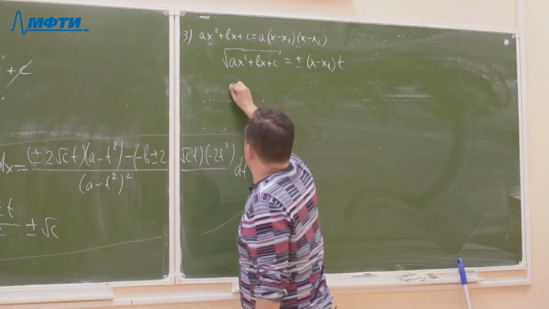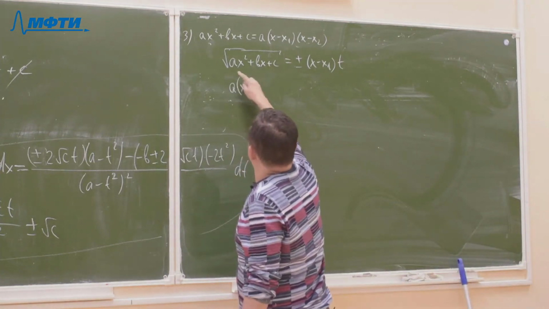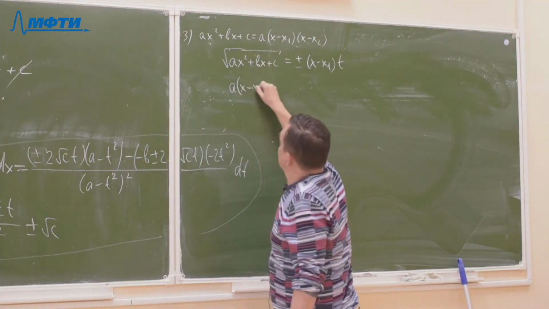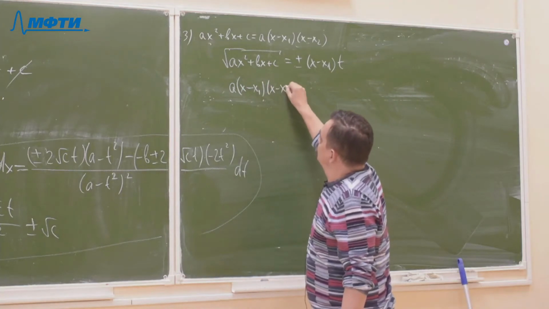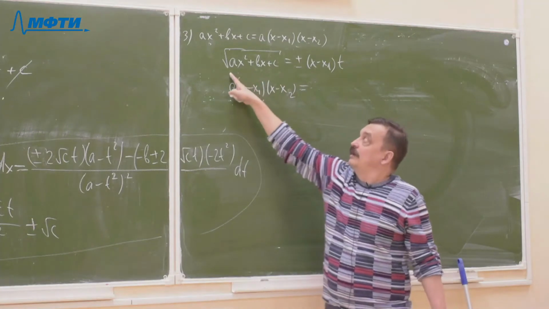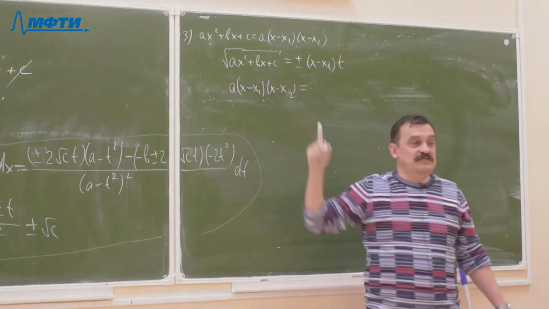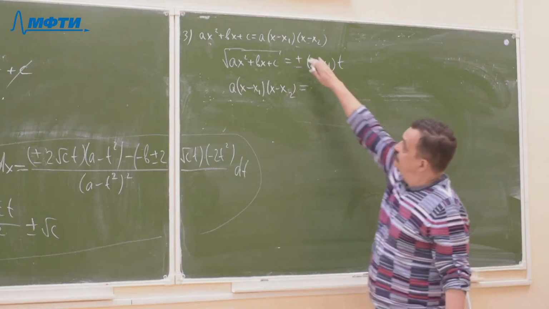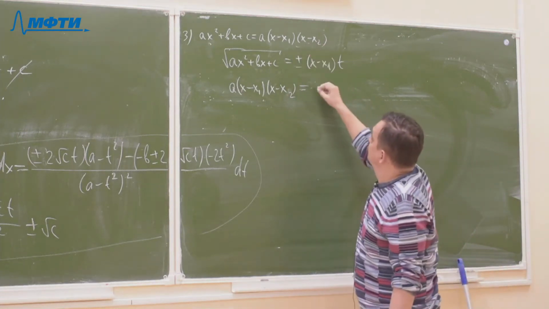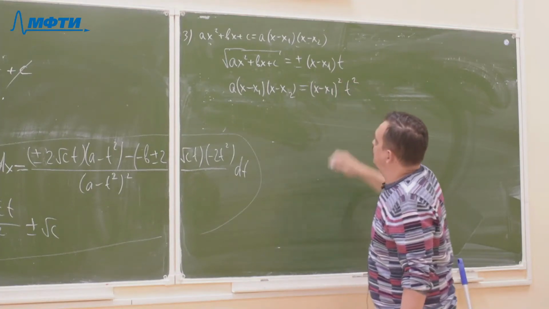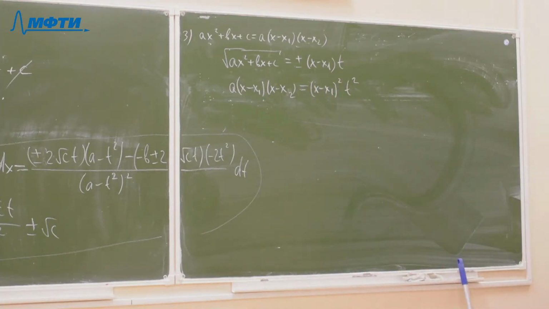So take the square, and remember, the expression is this one. So I want to replace it, right? So I take the square, it gives precisely ax squared plus bx plus c, and there is this expression. So here we have (x minus x1) squared times t squared. And you see what we can do.